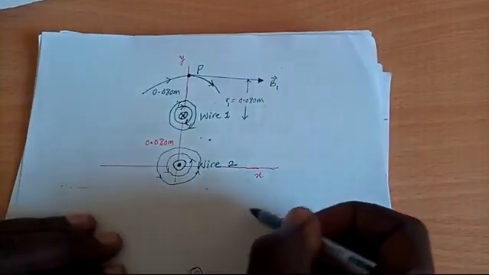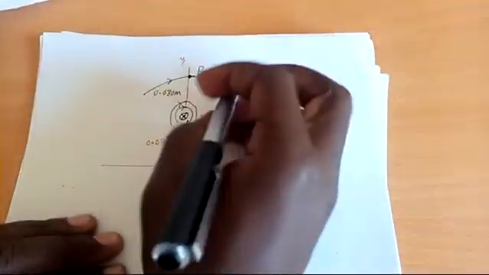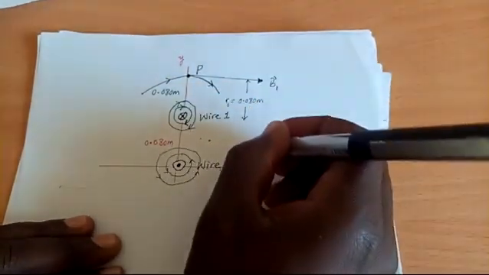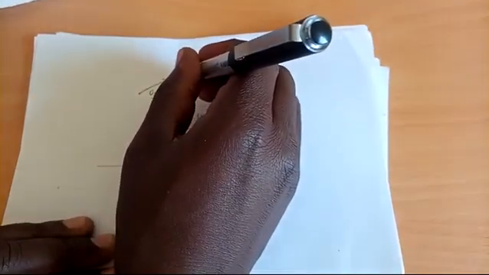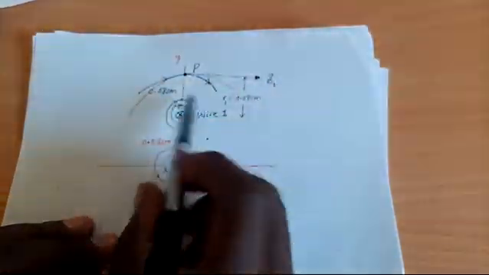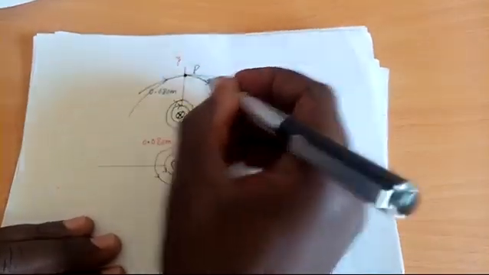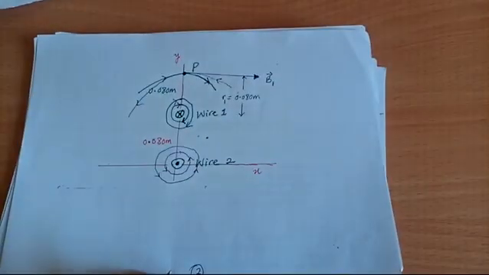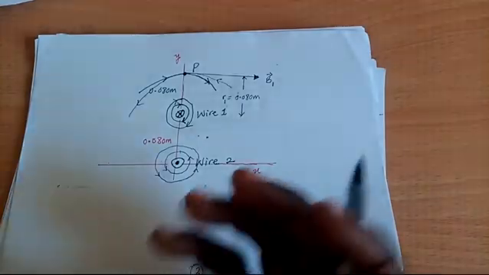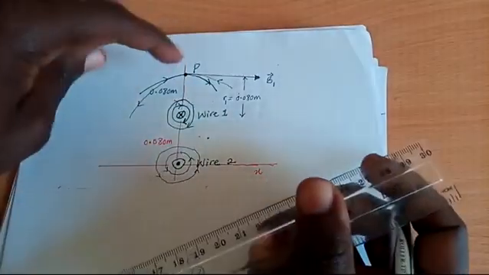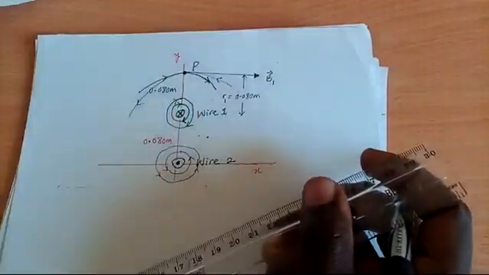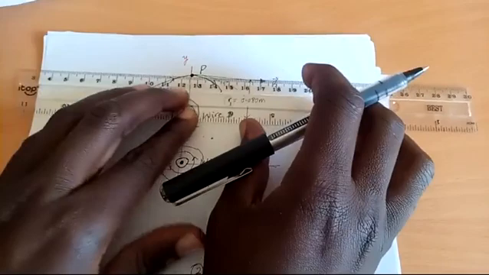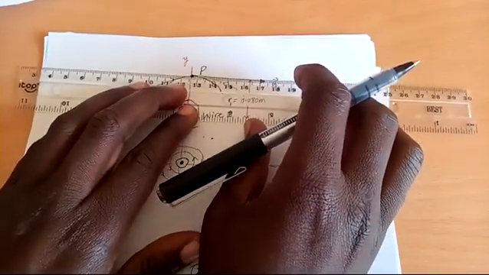So you have one that comes all the way and passes through point P in this direction. The direction of the magnetic field due to wire 2 at point P, since it is counterclockwise, should clearly be drawn to the left.